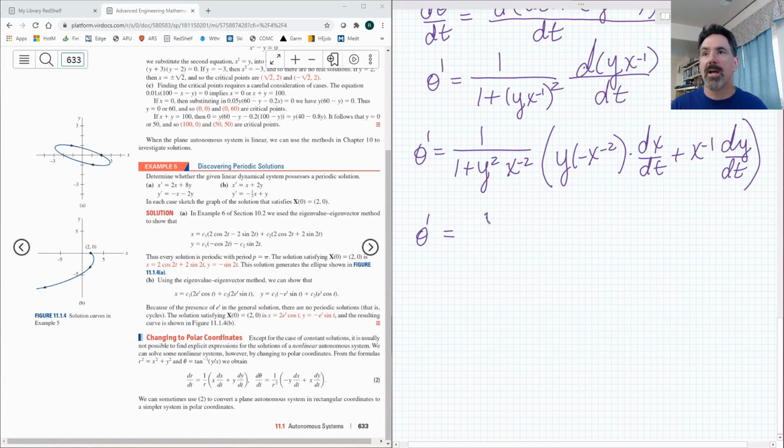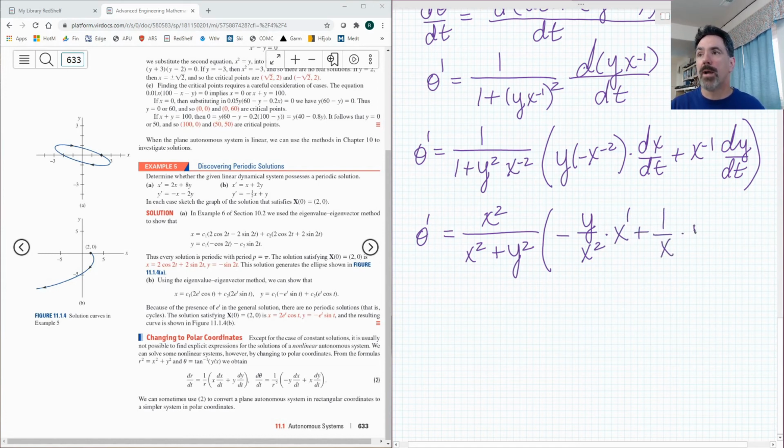So we multiply by x squared over x squared, and we have, of course, an x squared in the numerator, and then down here in the denominator we have an x squared plus y squared, because x squared times x to the negative 2 is just 1. And then rewriting up here, we have a negative y over x squared times x prime plus a 1 over x times y prime.